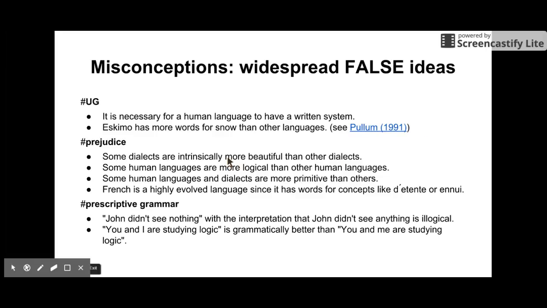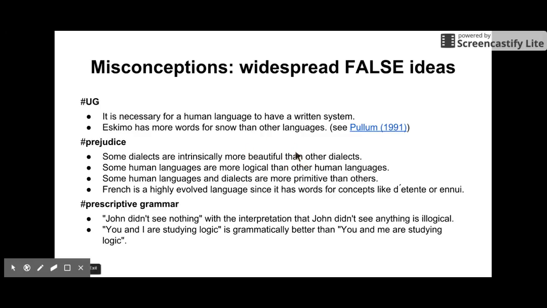Okay. And the other group of misconceptions, prejudice. Some dialects are intrinsically more beautiful than other dialects. This is false. Actually, all the languages are the same. And the concept of beauty is very subjective.